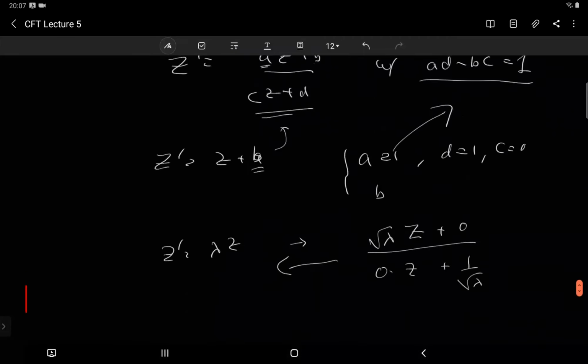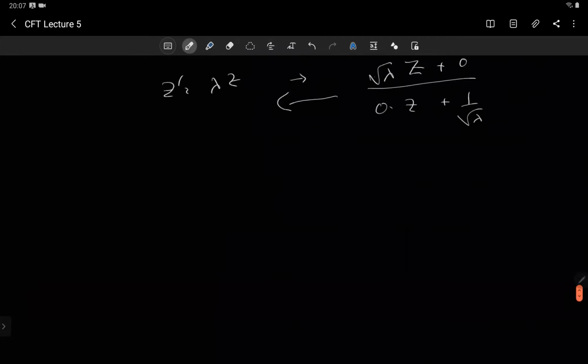And now let's look at the last one, the special conformal transformation, which was z prime equal to z over 1 minus az. This a can be minus or plus whatever, it doesn't matter. a is just a complex number. How can you write this? You can write it as 1 times z plus 0 over minus a times z plus 1.